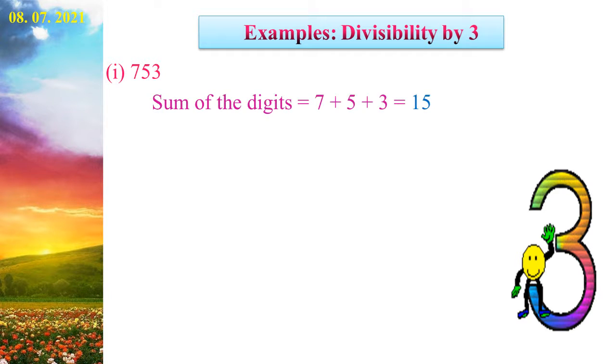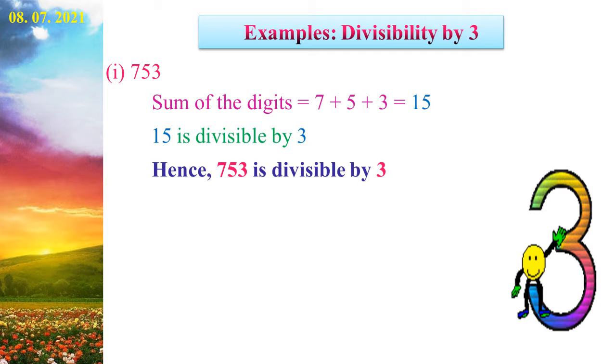When we add all the digits, that is 7 plus 5 plus 3, we get the sum as 15. We know that 15 is divisible by 3. Thus, we conclude 753 is divisible by 3.